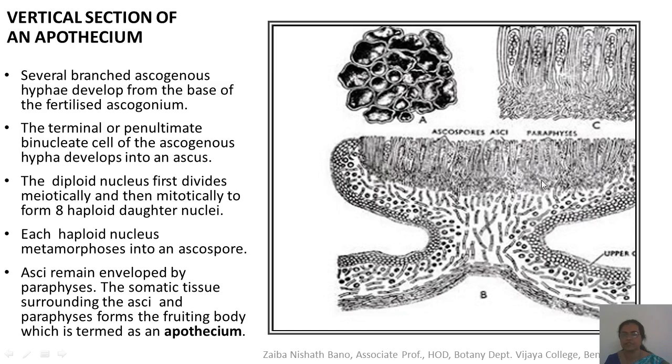This fertile layer has asci, and the asci contain the ascospores which we just now understood. Asci remain enveloped by paraphysis. The somatic tissue surrounding the asci and paraphysis forms the fruiting body termed as the apothecium. So this entire structure, as I am moving the cursor, is the apothecia, which are these cup-shaped fruiting bodies.